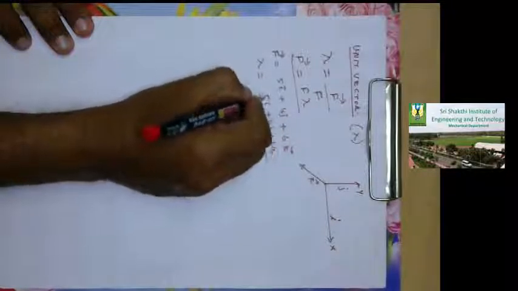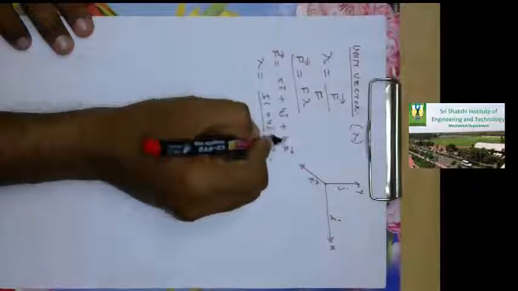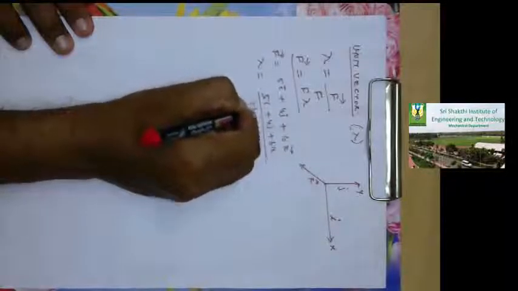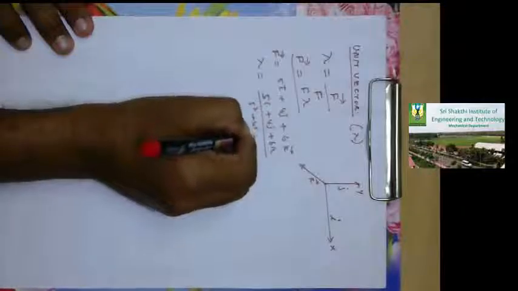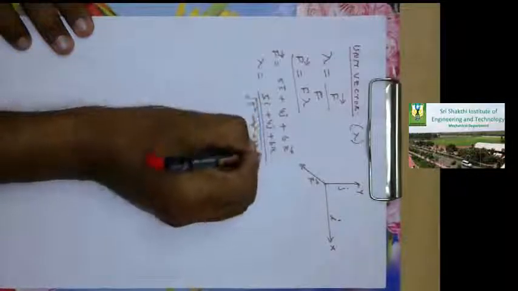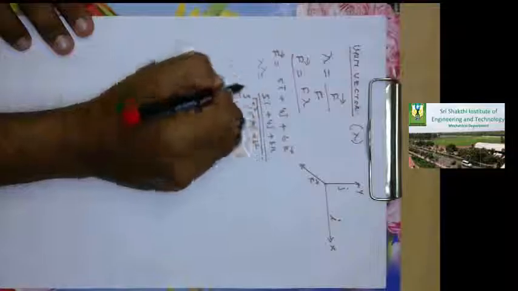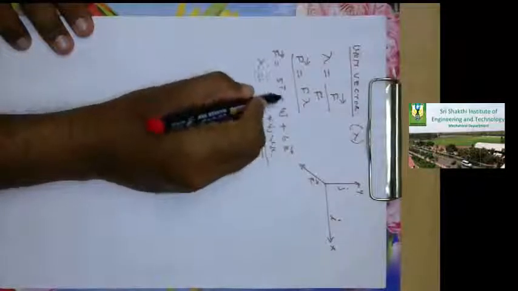The magnitude, as you know, is the root of x square plus y square plus z square, so root of 5 square plus 4 square plus 6 square. This is the unit vector of this force, of any force in space.